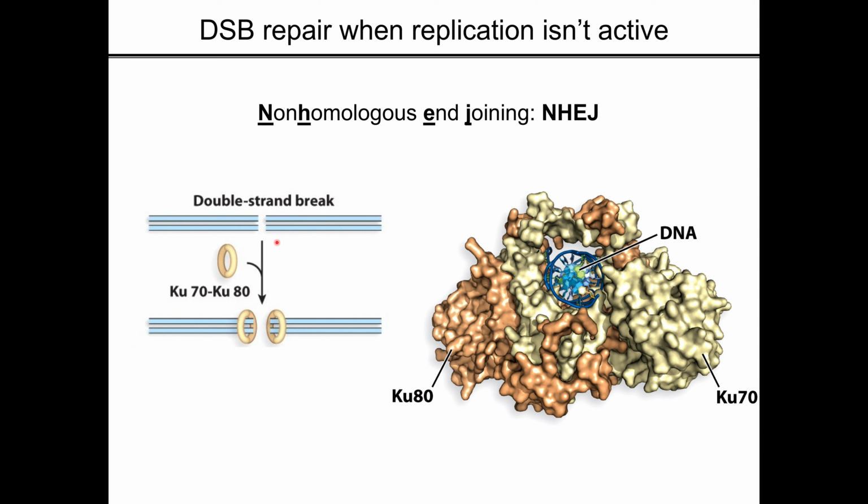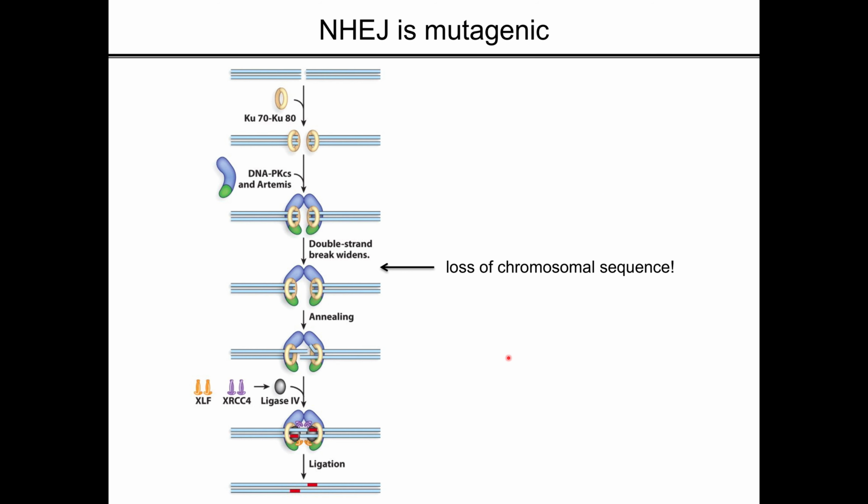And what happens in that case is a heterodimer called Ku70 and Ku80 binds to either side of the double-stranded break. And you can see here that the double-stranded DNA is kind of threaded through a channel between the Ku70 and the Ku80 protein in this dimer.